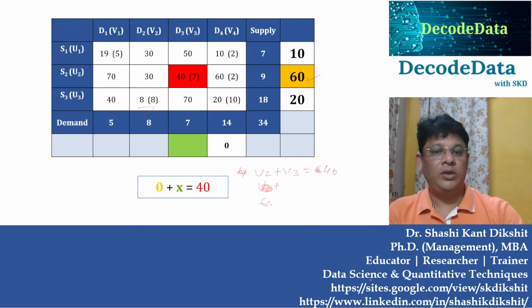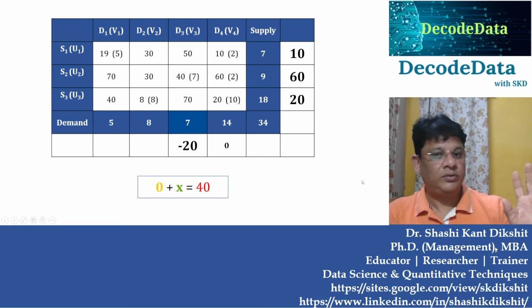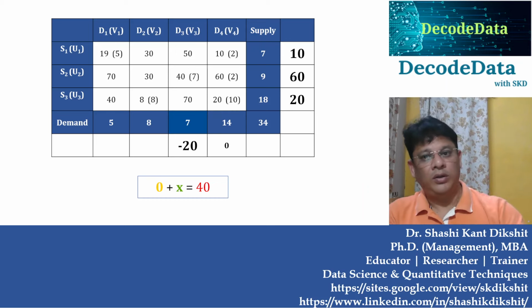So 60 plus v3 you have to find out, and 40. If you calculate this, v3 is equal to 40 minus 60, so that is minus 20. So we will write the value minus 20 as v3.